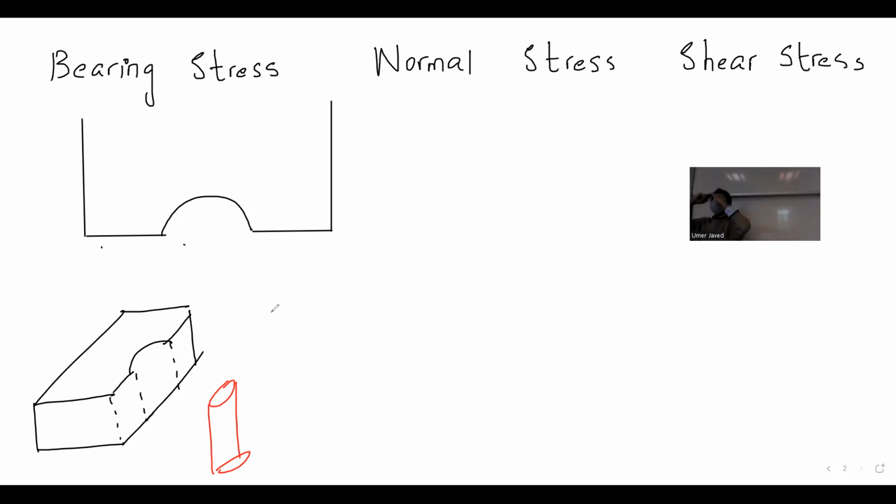Now just imagine if this pin has to be in contact with this fellow, how that force is being applied. Arrow, arrow, arrow. Then another arrow, another arrow, another arrow, right?